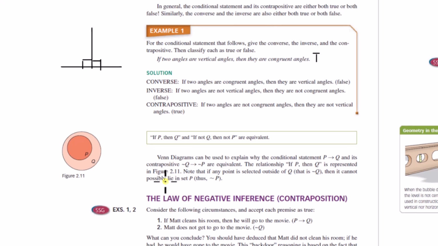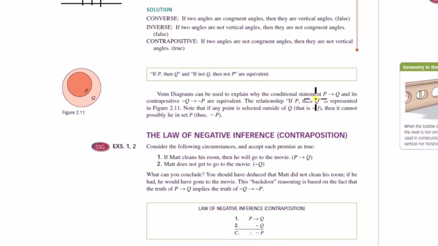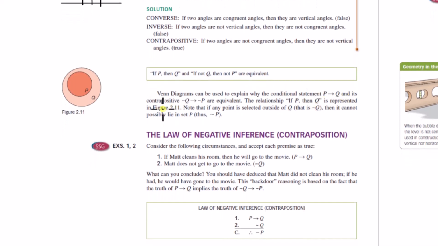Like they give an example here. The Venn diagrams can be used to explain why the conditional statement if P then Q and its contrapositive are equivalent. The relationship if P then Q is represented. So, let's think about the conditional statement, if you live in London, then you live in England. So P is you live in London.